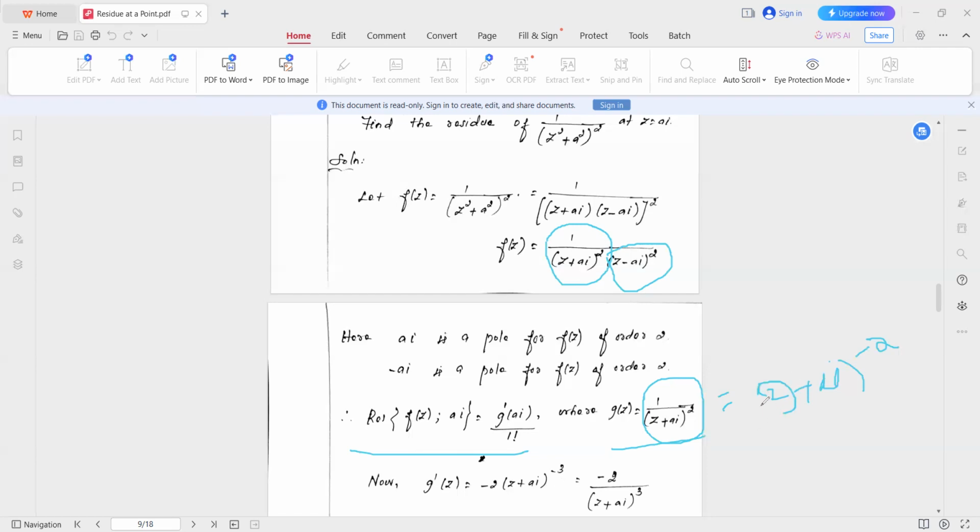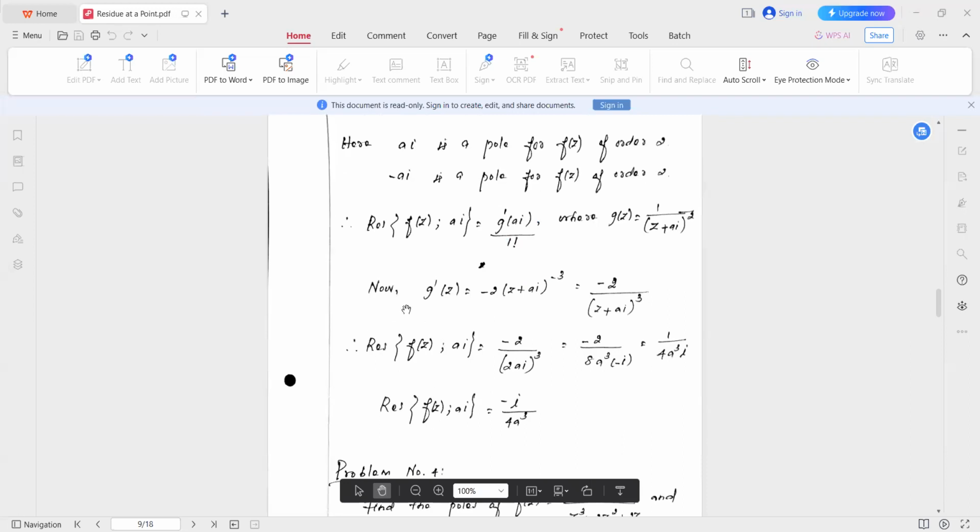When we differentiate z, we will get 1. So therefore, g dash of z is equal to minus 2 into (z plus ai) the whole power minus 3, which is equal to minus 2 by (z plus ai) the whole power 3. Now we are going to apply the value ai because we need g dash of ai.